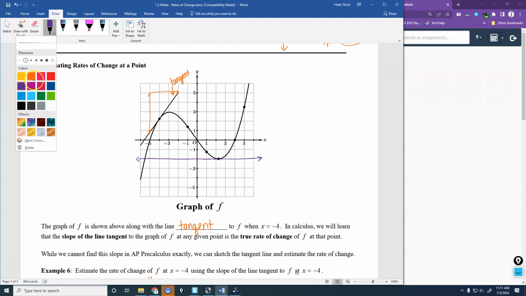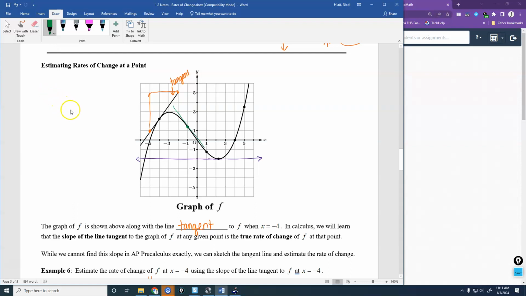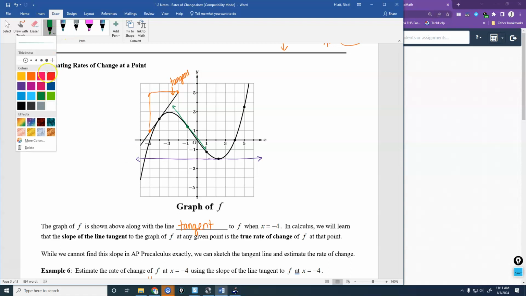Let's see. I'll use some different colors. Right here, we want a tangent line. This one's a little hard to draw. I don't like these 2 points they put in here. I think I'm going to go like that. I don't love this because at this point right here, there's not going to be a lot of difference, right? It's going to be maybe something like this.